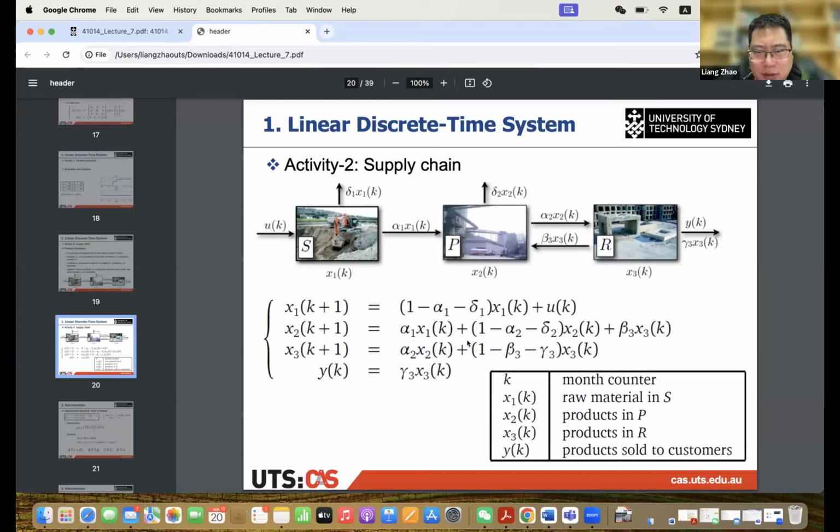And then you try to formulate what the A matrix is. The A matrix times x1, x2, and x3 is equal to those 3 equations, apart from the U part.